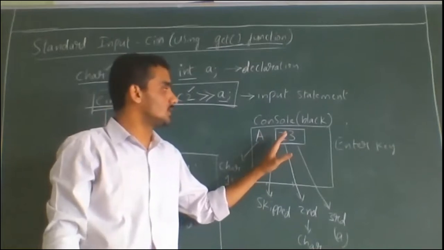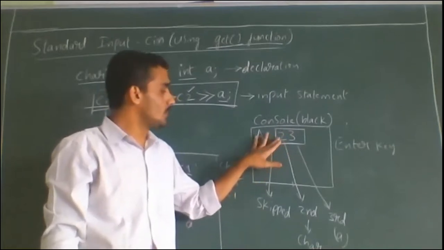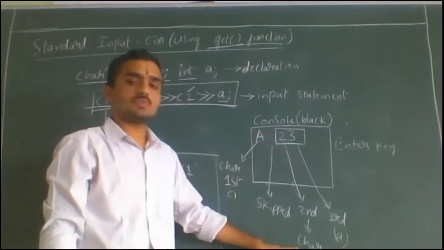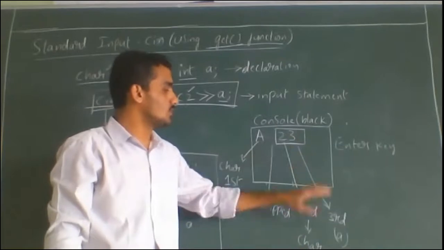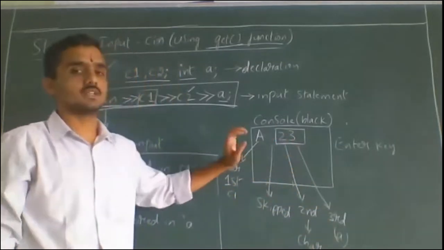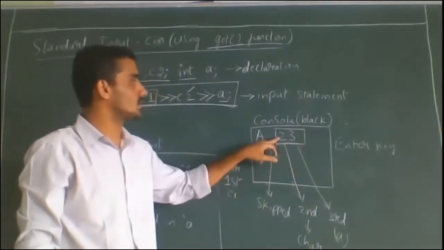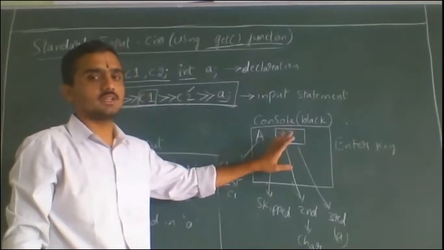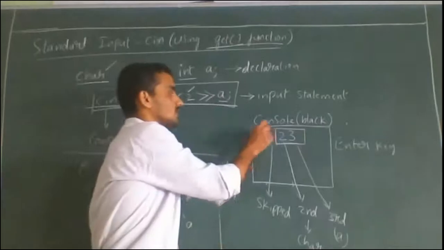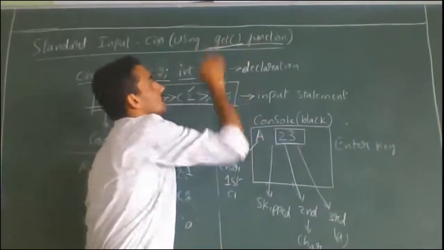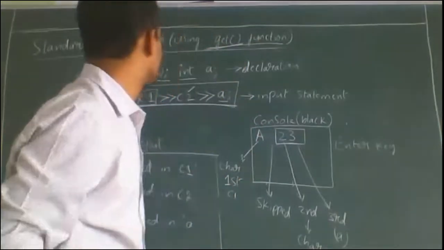In integer 23, 2 will be stored in C2, that is considered a single character, and the remaining 3 will be stored in variable A, which is considered as integer. Now, if I want to store this blank space, then I need to use get function. So that we will discuss.